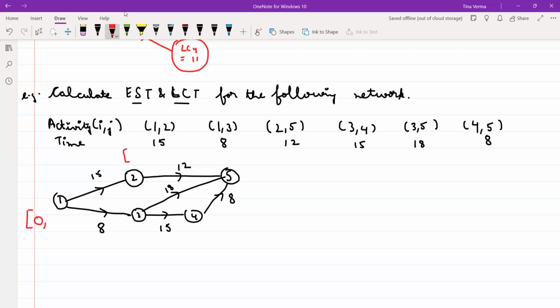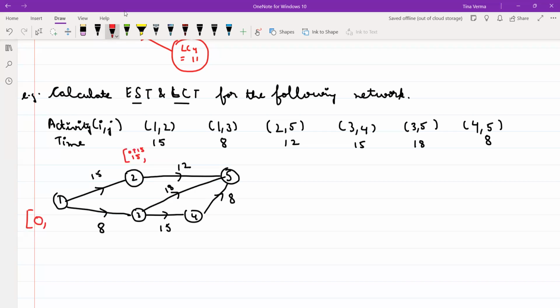Where is activity 2 coming from? It is coming only from 1, not from anywhere else, so that means ES1 plus 15, that will be 0 plus 15, that will be 15. Is it clear?